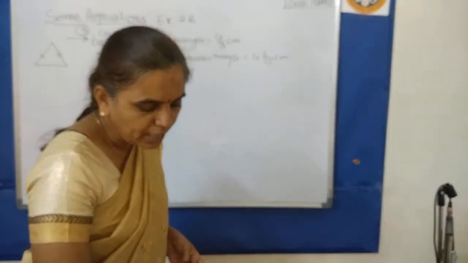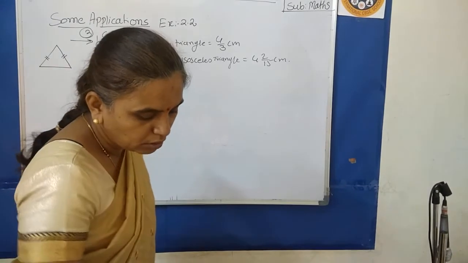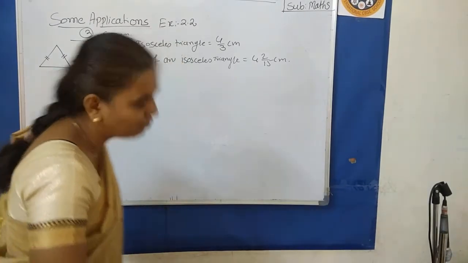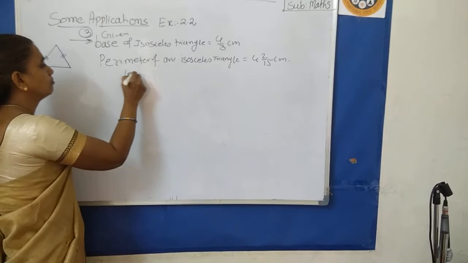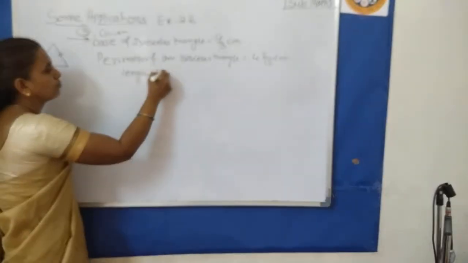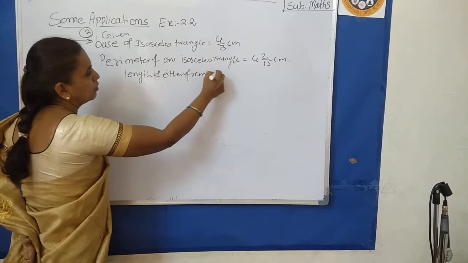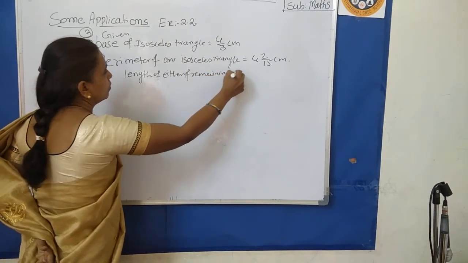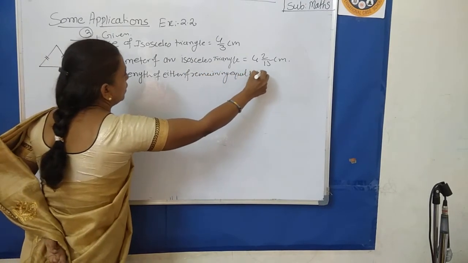And what do we have to find out here? Find the length of either of the remaining equal sides. We have to find that out.